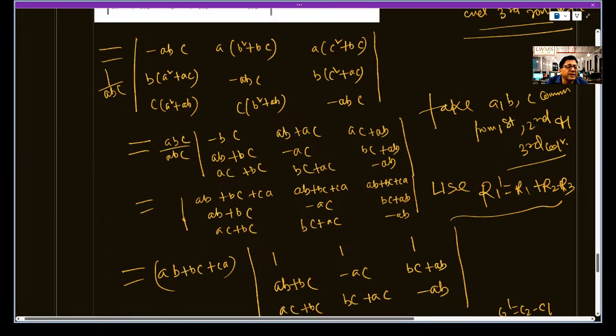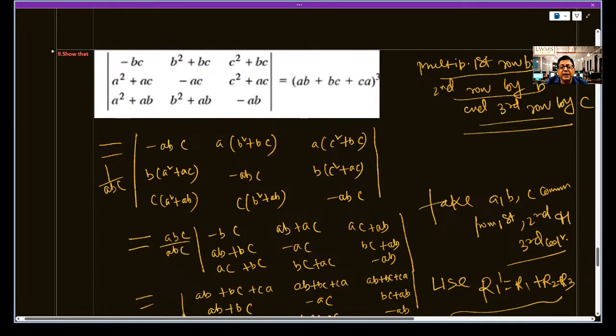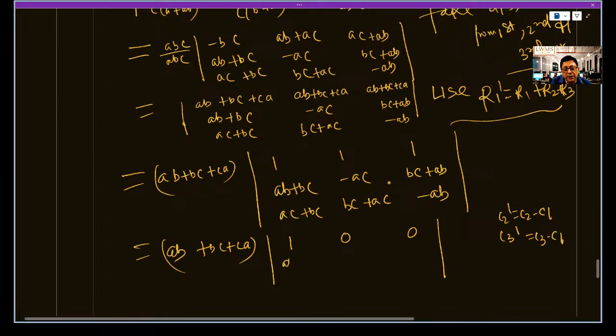This kind of manipulation is there in determinant. It's a huge expression, suddenly it is reduced by the application of property. So AB plus BC plus CA, subtract this from this and this. 1, 0, 0. This will be what?